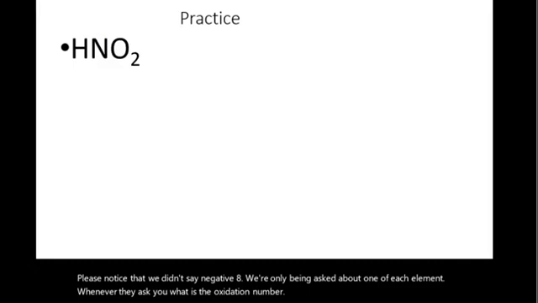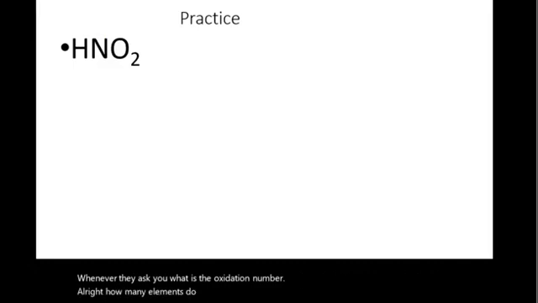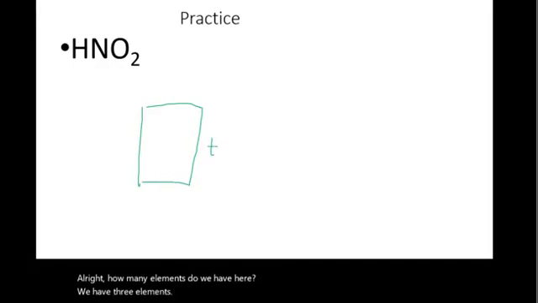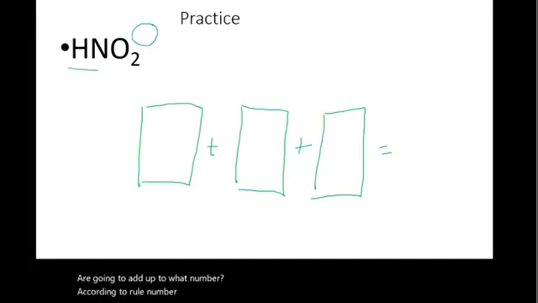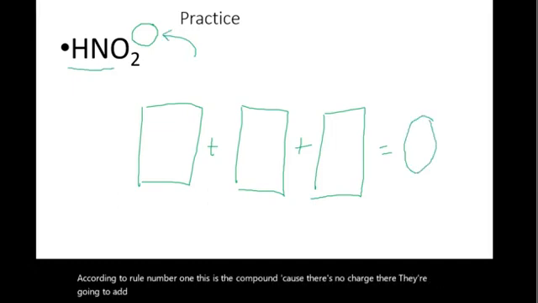All right, how many elements do we have here? We have 3 elements. So those 3 elements are going to add up to what number? According to rule number 1, this is a compound because there's no charge there. They're going to add up to 0.